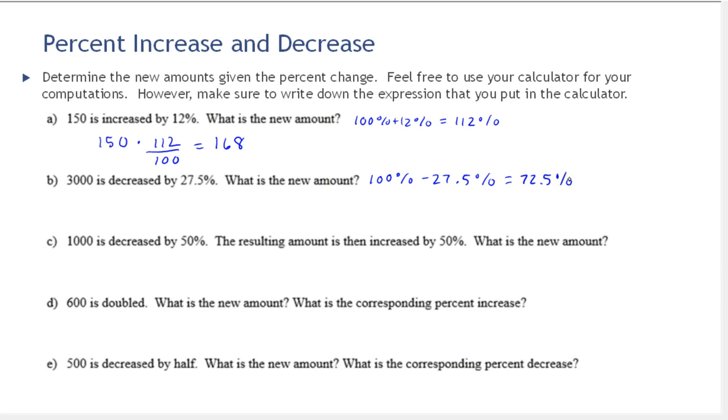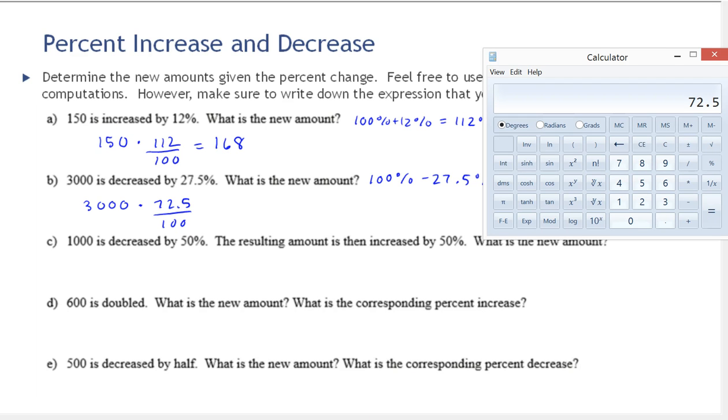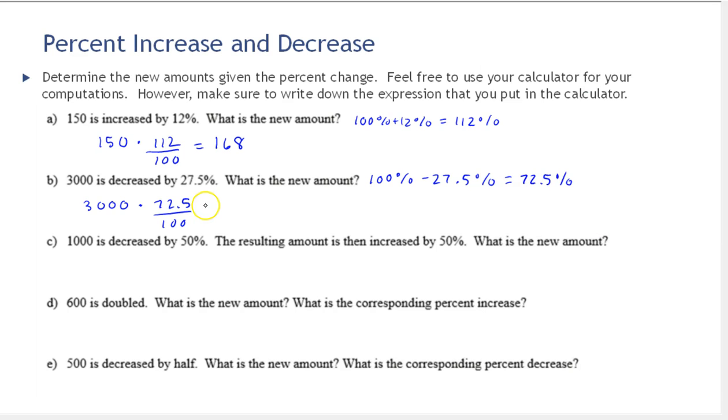Okay, so our new amount is 3,000 times the multiplicative factor, which will be 72.5 over 100. Okay, put this in the calculator. 3,000 times 72.5 divided by 100. So 2,175.